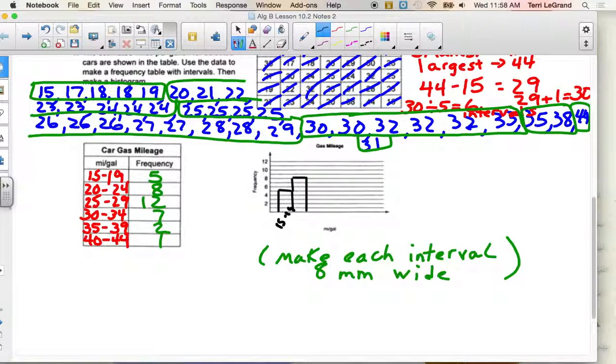You may have to do it at an angle. Mine got up into it, I didn't mean for it to. So you can erase. This is so hard. Okay, 15 to 19, the next one is 20 to 24, because your graph has to show this, they have to be able to read it.